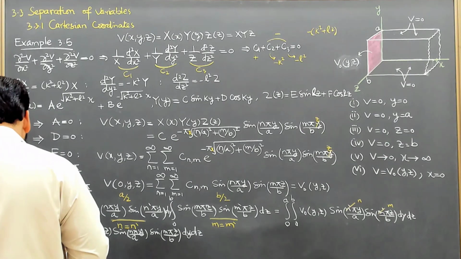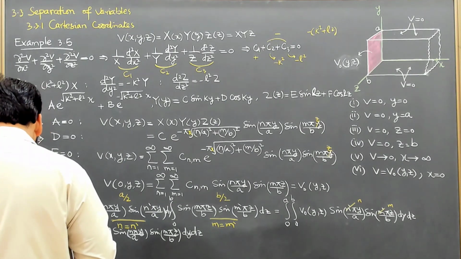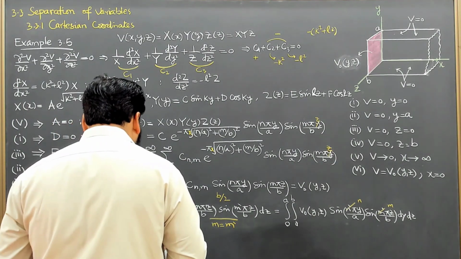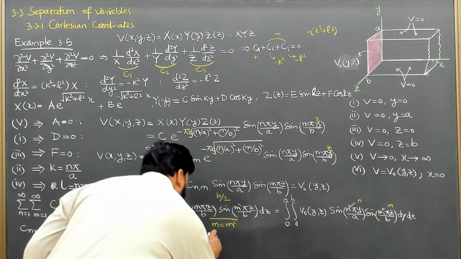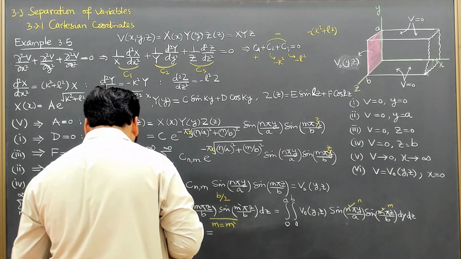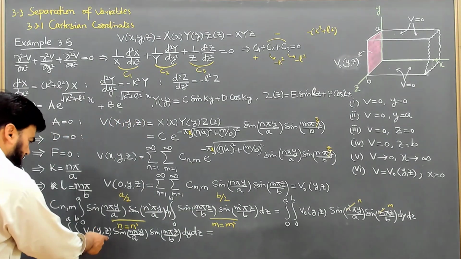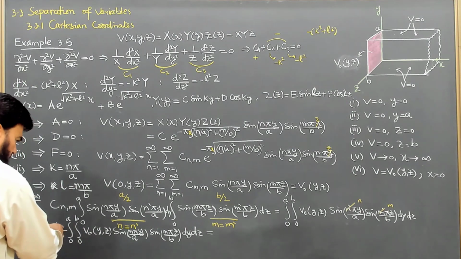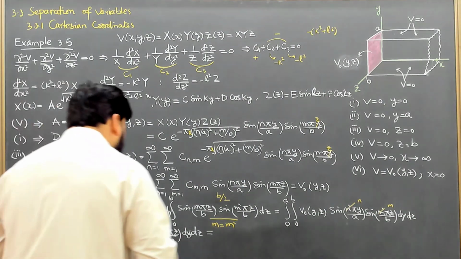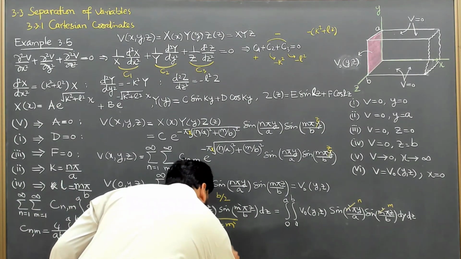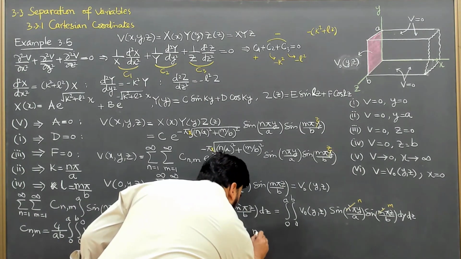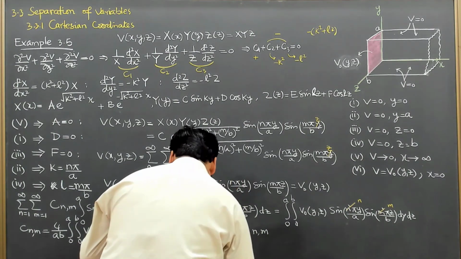When we calculate this integral, it comes out to be, if n and m are both even, a constant 4 V naught over ab, and this integral gives the value 0 if n and m are both even.